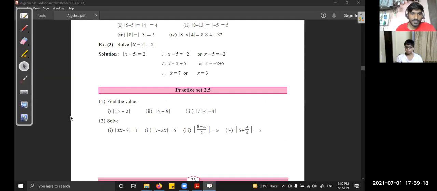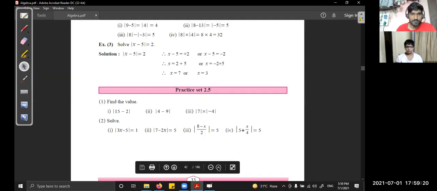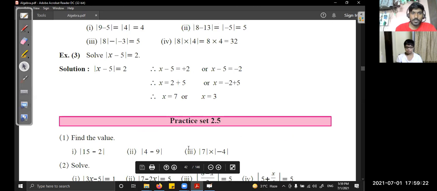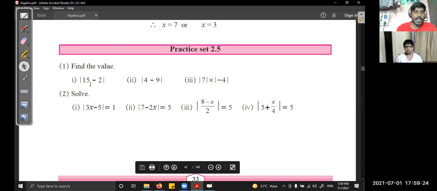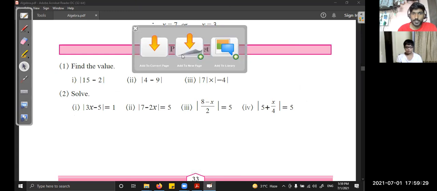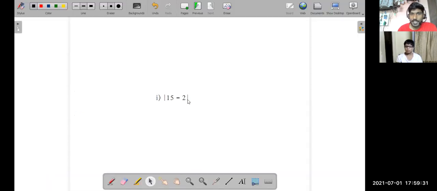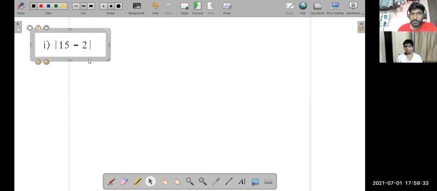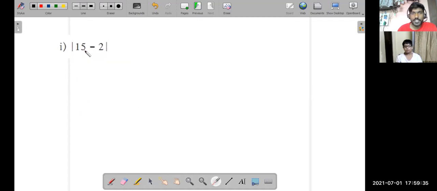So let's see the first one here. It is absolute value, also called mod. These lines are also called mod or absolute value. We read this as mod of 15 minus 2. Now do the subtraction.